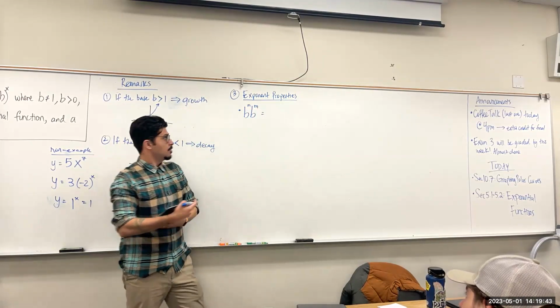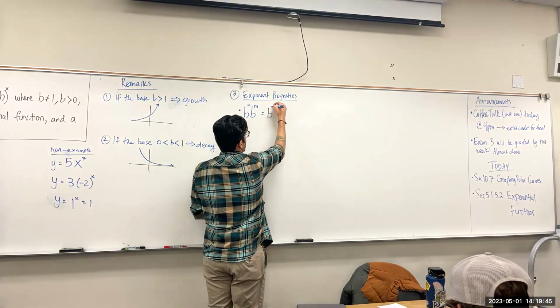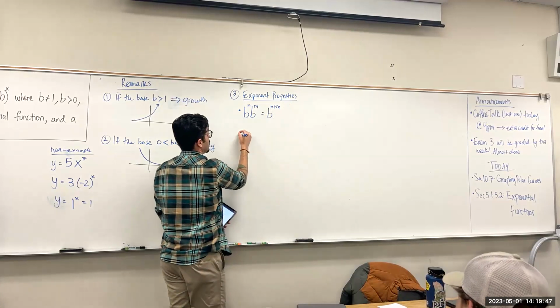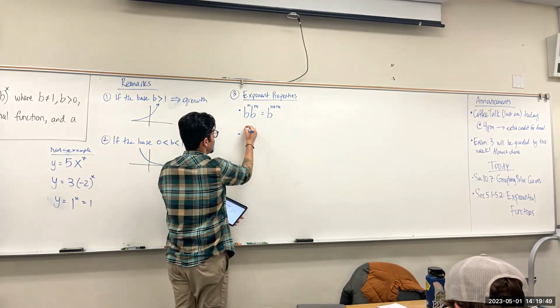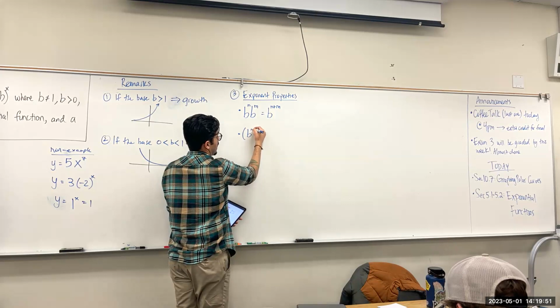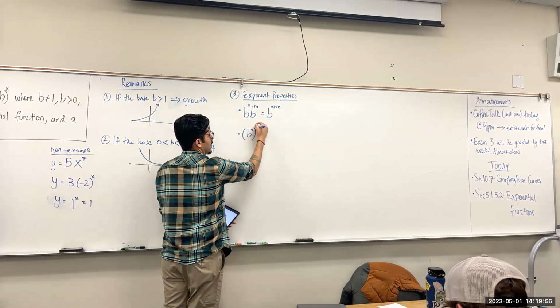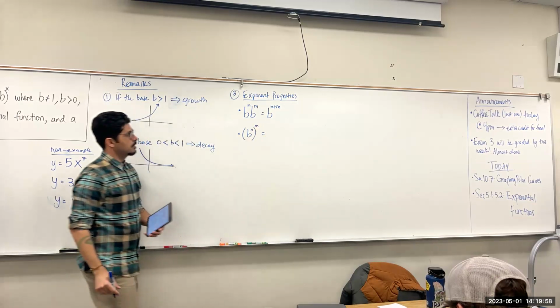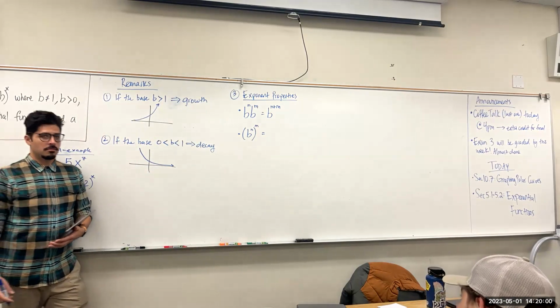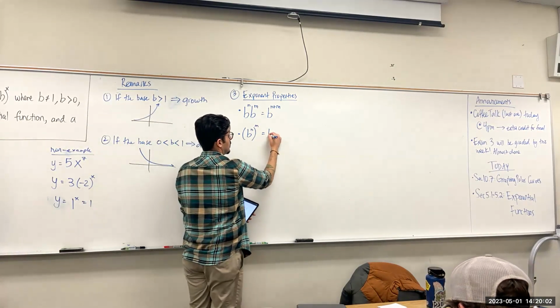You add them. But what if I have b to the n, and instead of multiplying it with b to the m, I just raise the entire thing to the m? You end up multiplying the exponents. Good.